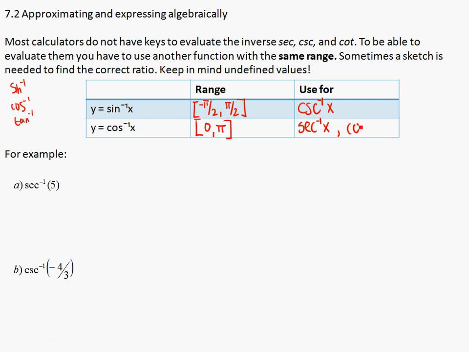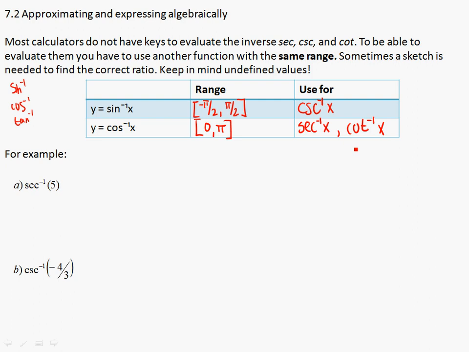So for some odd reason, the inverse cotangent is going to have to be found by using an inverse cosine button. You can't use an inverse tangent button for it. I mean, you sort of can if you're in quadrant 1, but if that value is negative, you're going to have a problem. So I always use the inverse cosine button, partly because I always have to draw a picture since I don't have it all memorized.